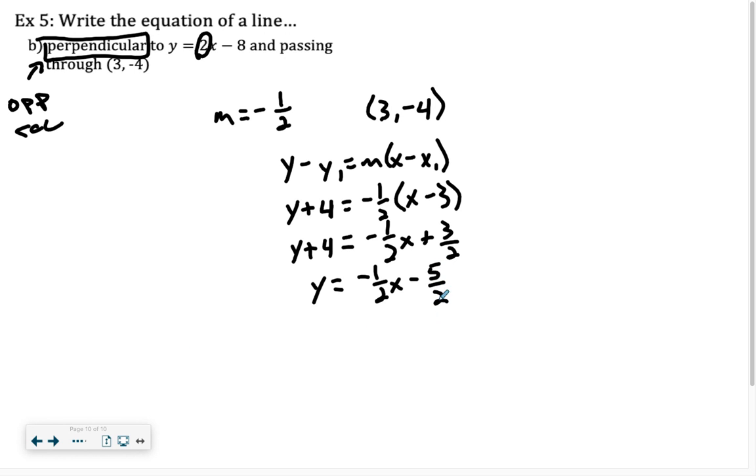Okay, and this would be our equation of the line perpendicular to this line and passing through 3, negative 4. So if we were to graph this, right, it would meet this line at a 90-degree angle and go through this point.